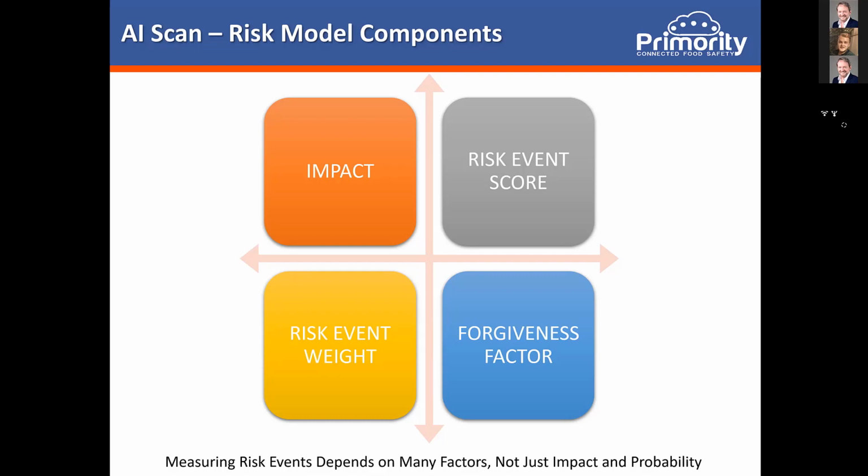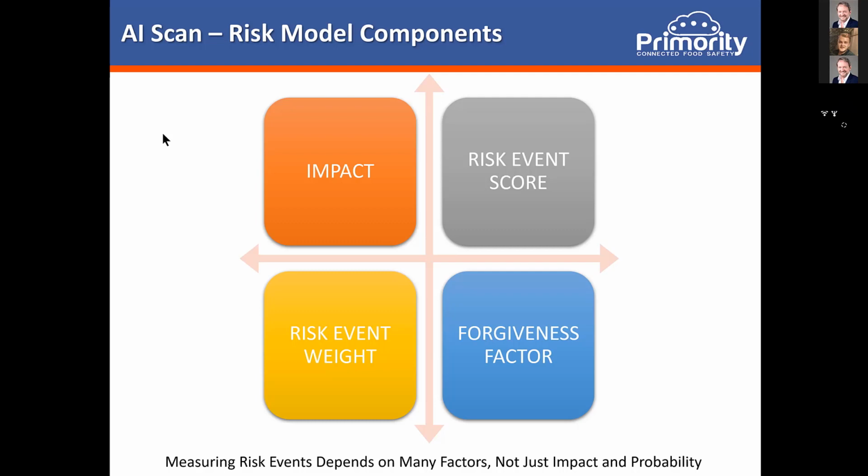However, it's still a good idea that when AI Scan tells you something, you should go look at it, you should assess its impact, and that in conjunction with your configurable risk model will then assess the risk score. So impact is really the starting point and the main point of how you are getting involved with managing and measuring the risk.